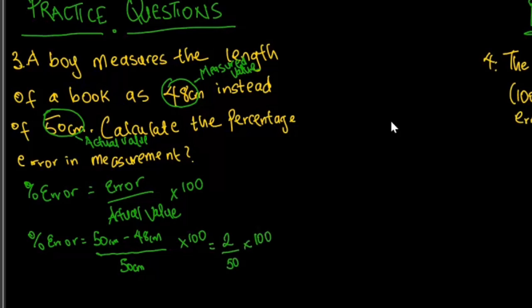Now what does this tell us? It tells us that the error in measurement is 2. So in real sense, it can be plus or minus 2. So now from here we have 2 over 50 times 100, and when we calculate, this should give us 4%. So the percentage error is 4%.